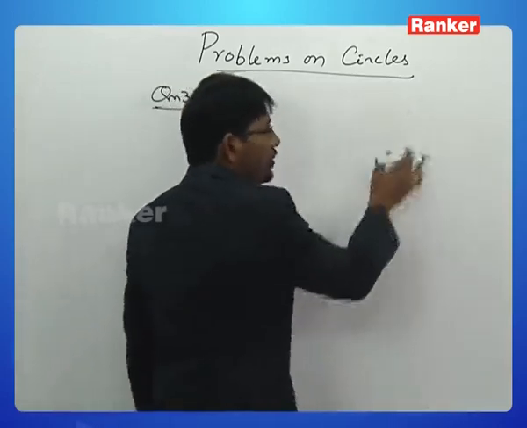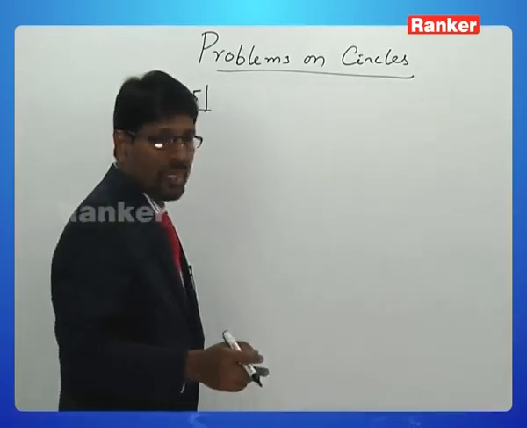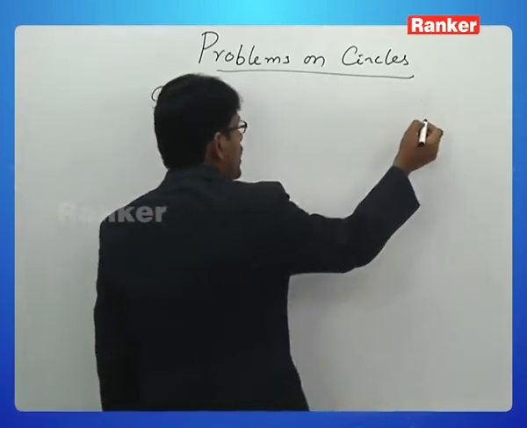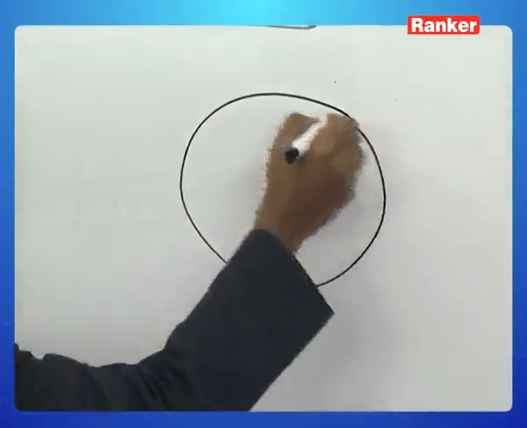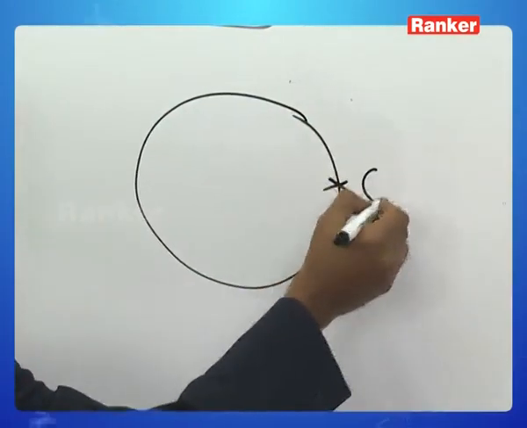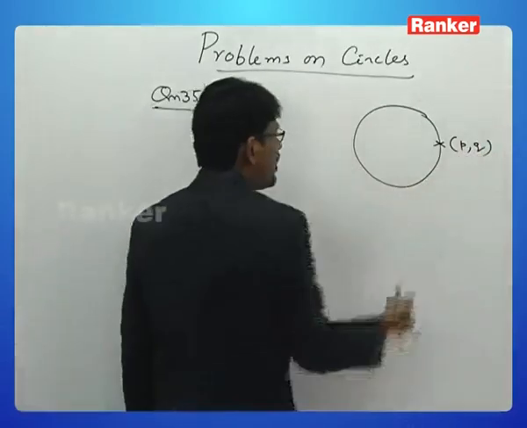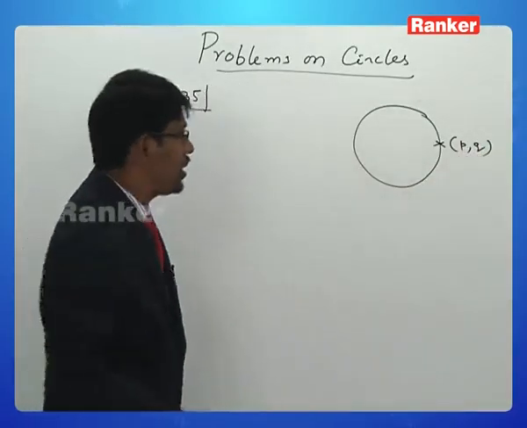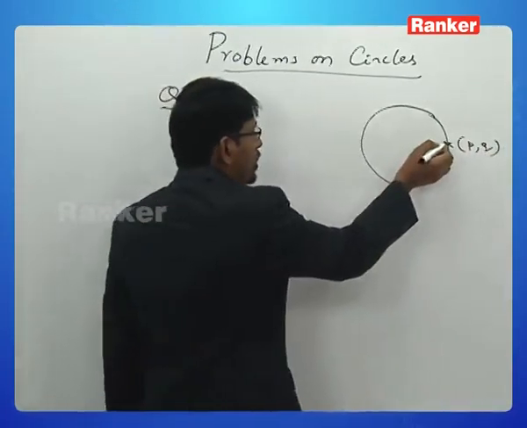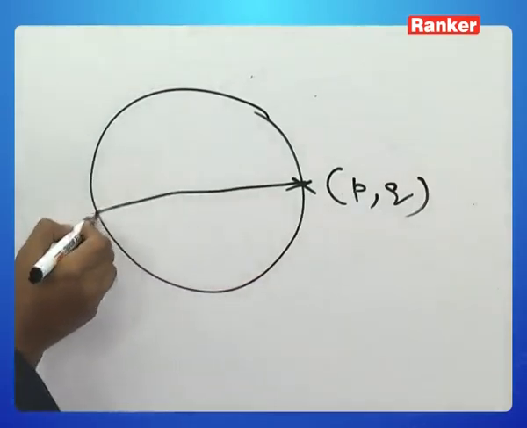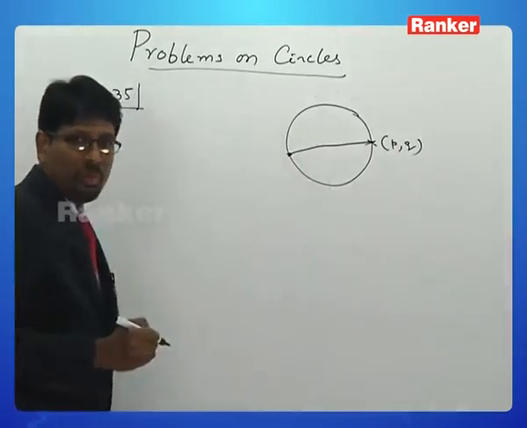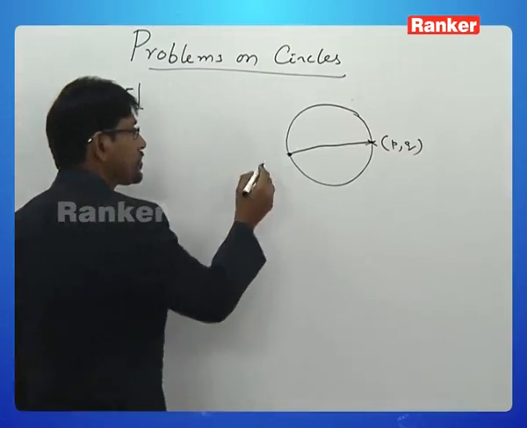There is a variable circle which is always passing through a fixed point. So there is a circle which is always passing through a fixed point p comma q. We can have infinitely many such circles. Now, the other end of the diameter, we wanted the locus of this.